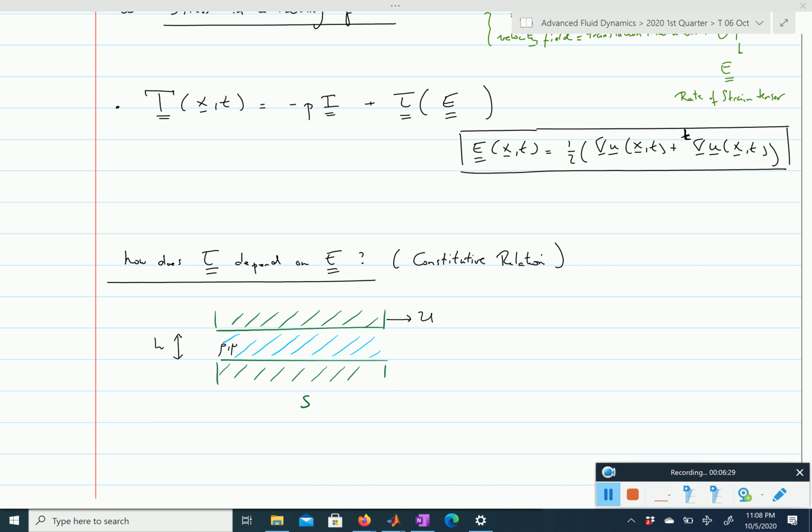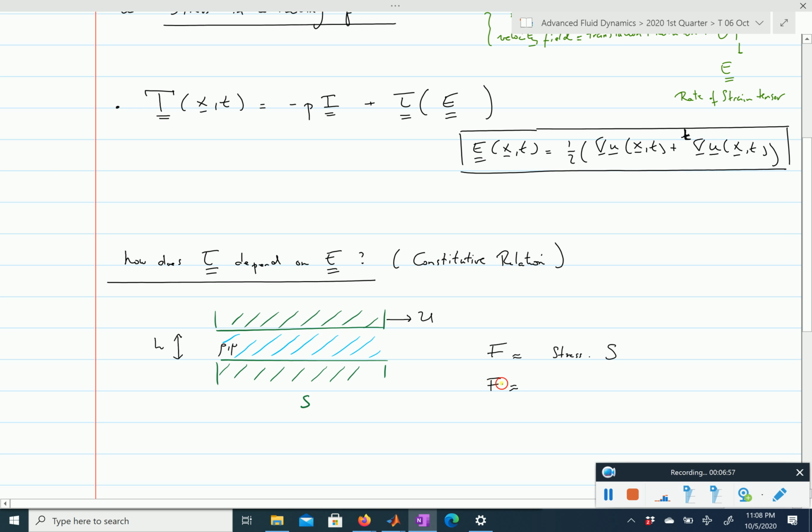Now if I ask you what is the force exerted by the top plate on the bottom plate, then from a scaling you would say that this force F is going to be roughly equal to the stress which is imposed on the surface S, times the surface S. And what is a scaling for this stress?